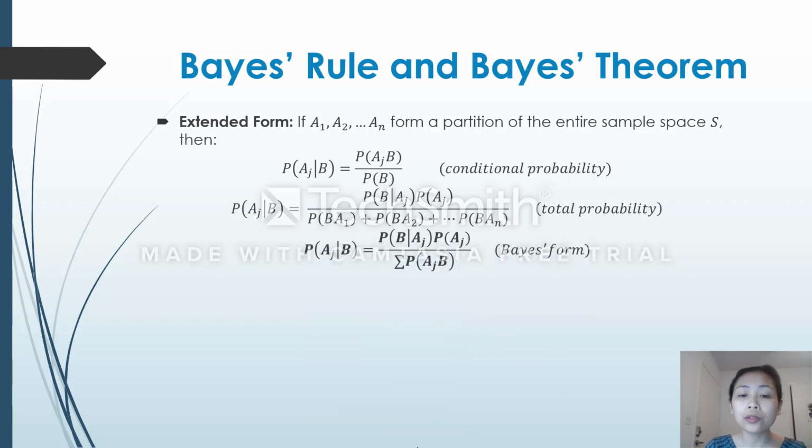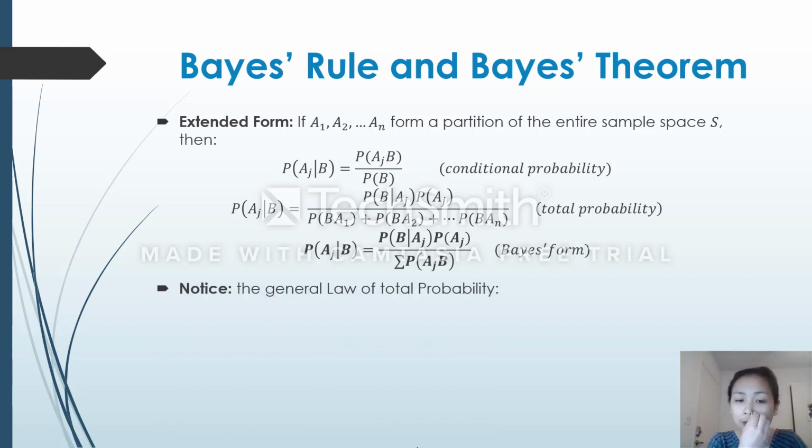Now we are going to use summation notation to rewrite these formulas. At the denominator, if we rewrite the whole thing with the summation formula, we have probability of Aj given event B is probability of B given event Aj times probability of Aj over the summation of probability of event Aj and B. So this is the general Bayes form, or the extended form.